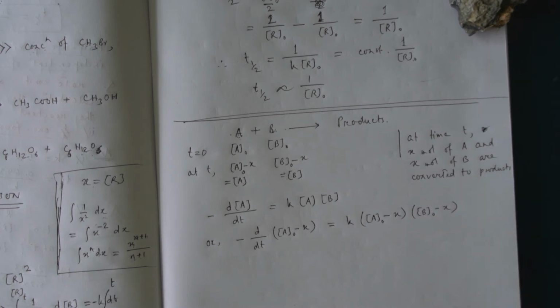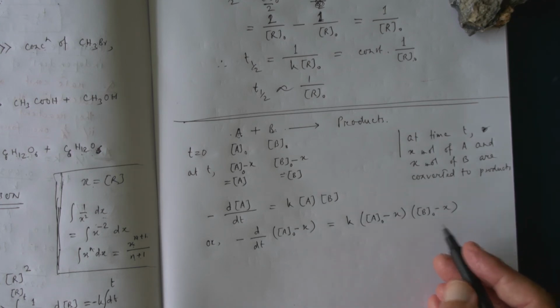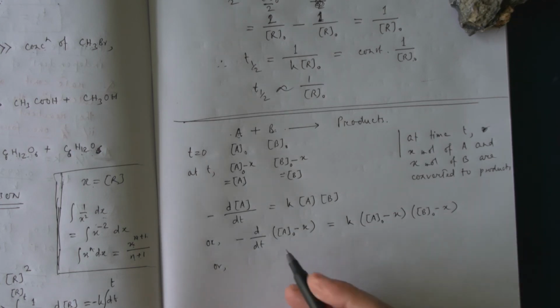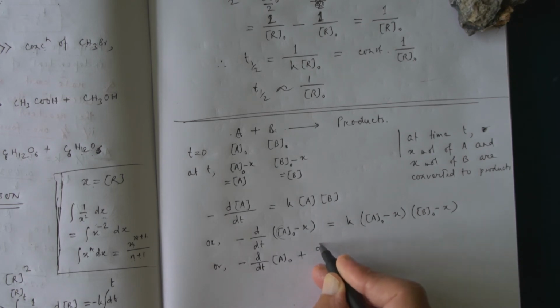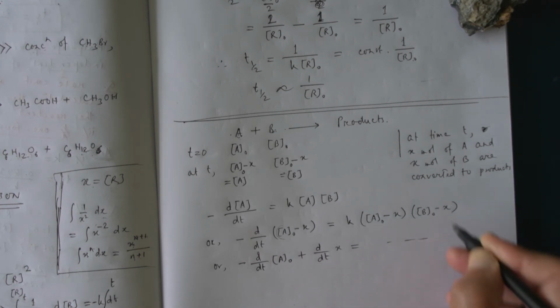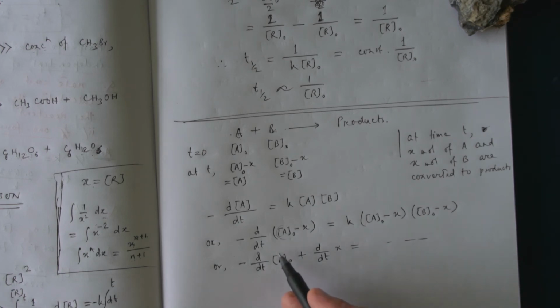Or we can write it like this. The initial concentration is constant, so I can write minus d/dt of A naught minus minus plus d/dt of X equals this. A naught is constant, so d/dt of a constant is 0.